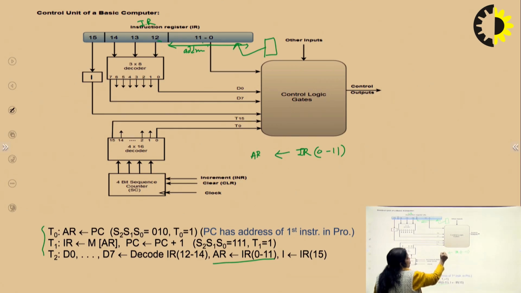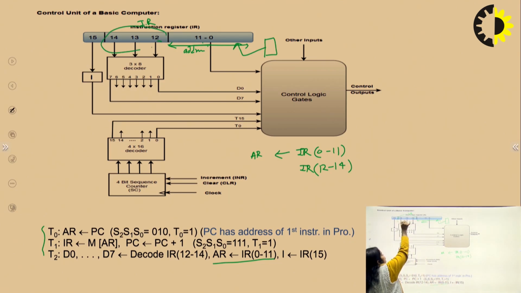The address register or memory address register. Next, IR 12 to 14 is actually the opcode, and this opcode is D0 to D7. Simple. Next, IR 15.